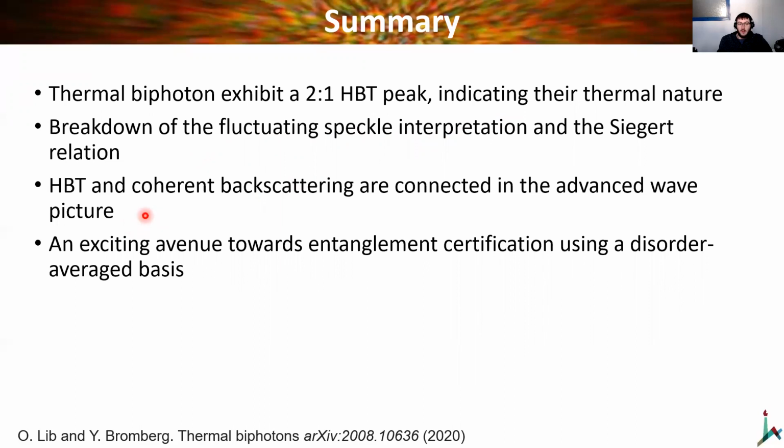We show that the HBT effect and coherent backscattering of light, both seemingly unrelated phenomena exhibiting a 2-to-1 peak, can be related to each other with thermal biphotons in the advanced wave picture. And we discuss an exciting new avenue towards entanglement certification using a disordered average basis, which we are very excited about.